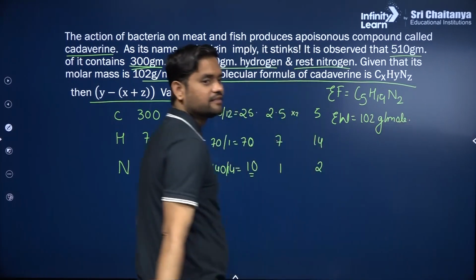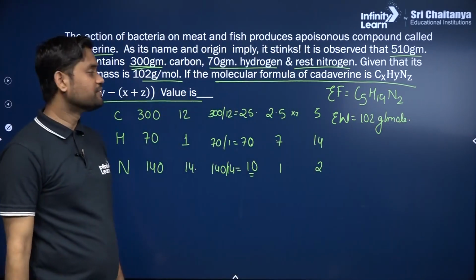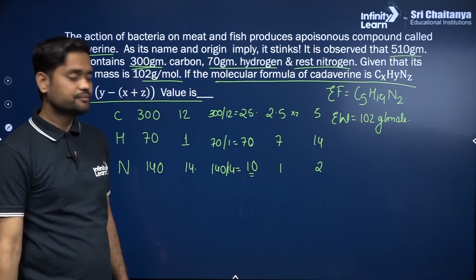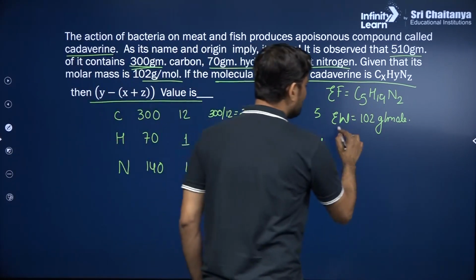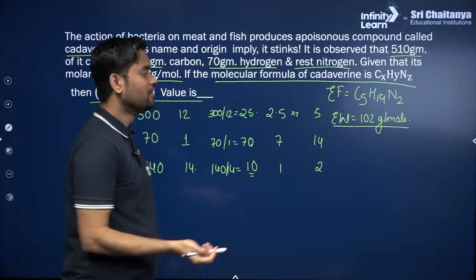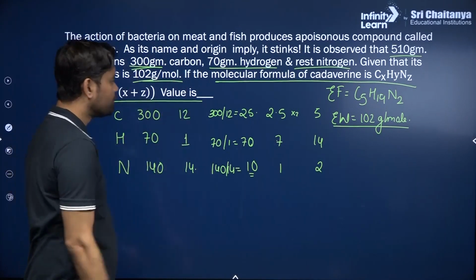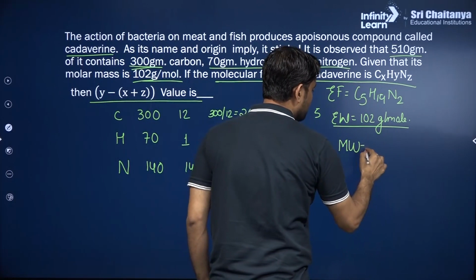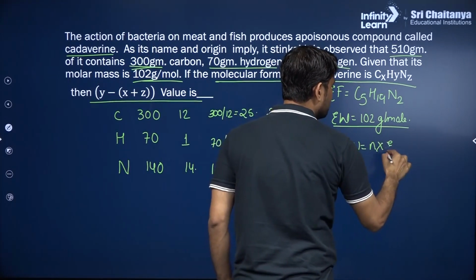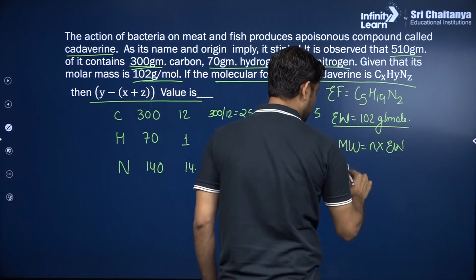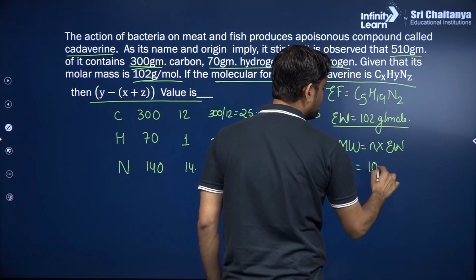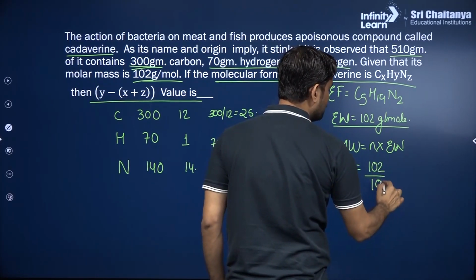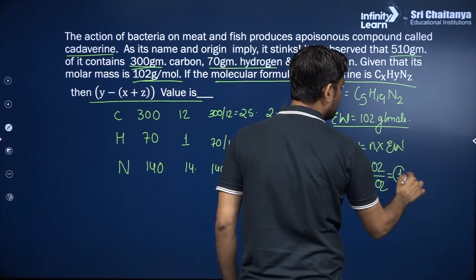Now this is the empirical weight. What is the molecular weight given over here? 102, right? So molecular weight is equal to n times the empirical weight, where n is 102 by 102, that is equal to 1.